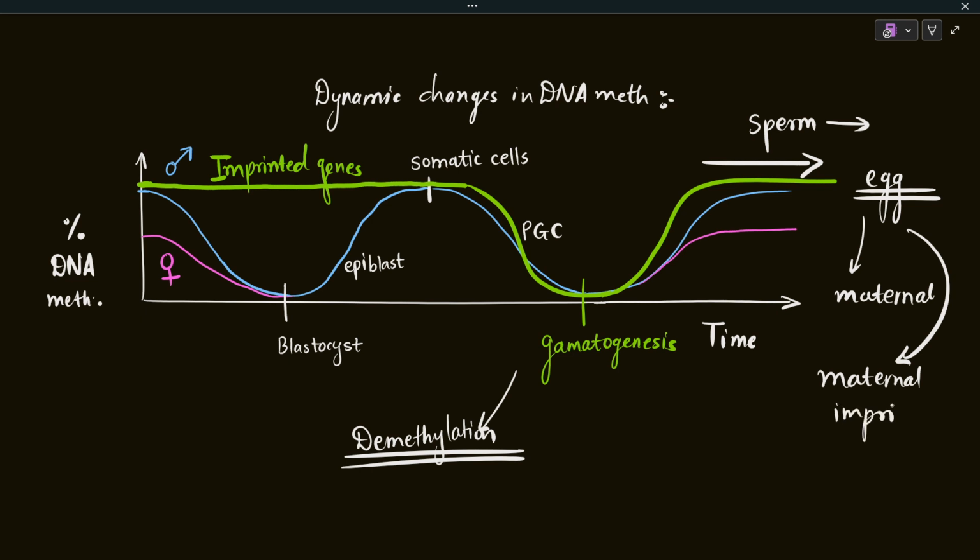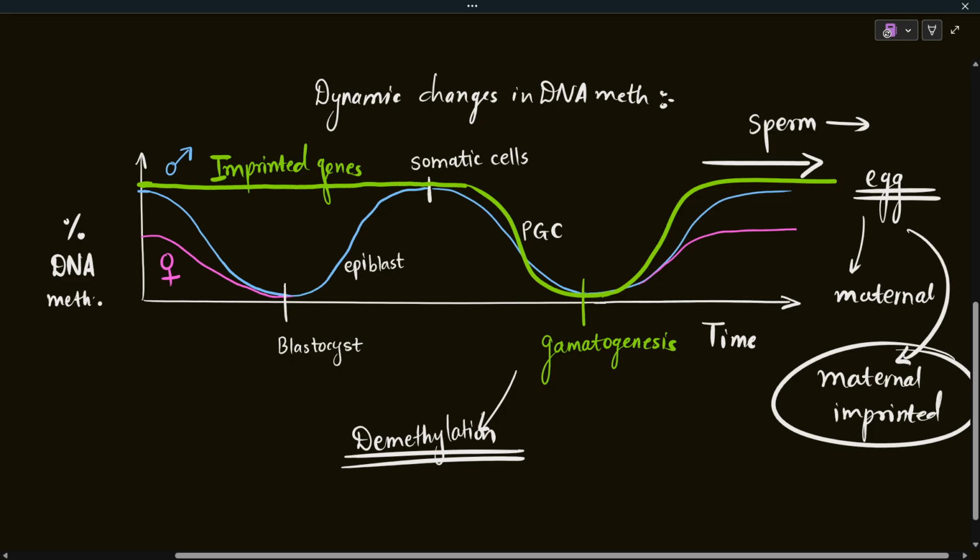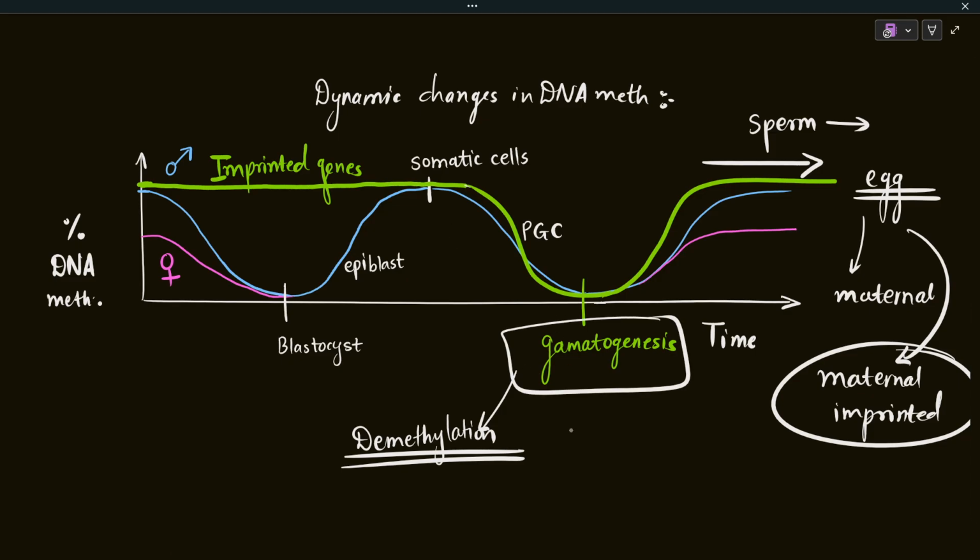And this is ensured during the demethylation event. That is why during gametogenesis, those imprinted genes undergo demethylation, so that the imprinted genes will exhibit the DNA methylation according to the gamete, according to the sperm or egg.